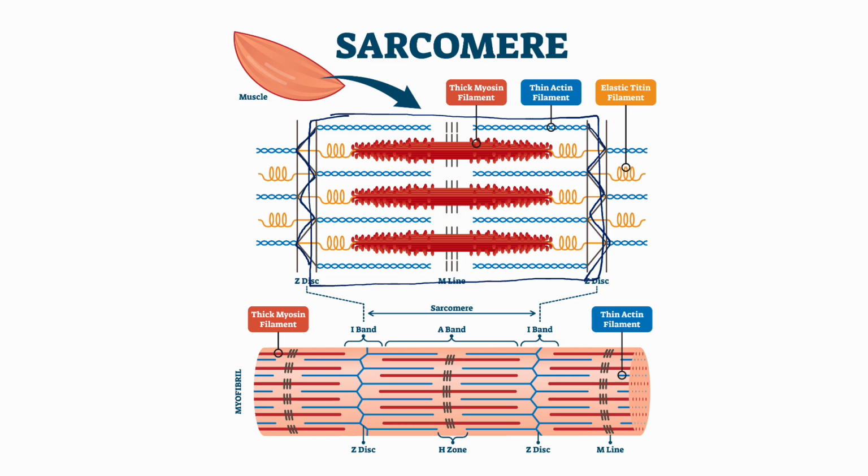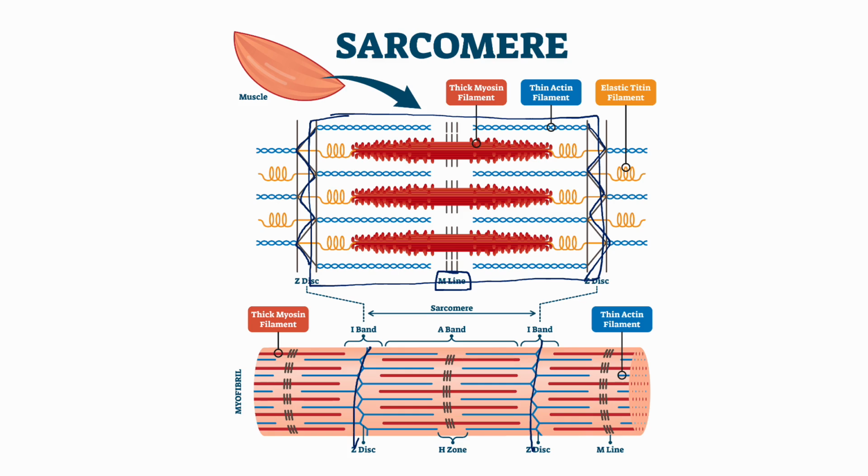In this case, the thick filament is red and it's thicker, it's wider, and the thin filament is represented by blue. That's our actin filament. We still have this M line right in the center, but we have a banding pattern. Down below, we can see the division of the sarcomere that we're looking at, but it's just a repeating pattern all along this muscle fiber.